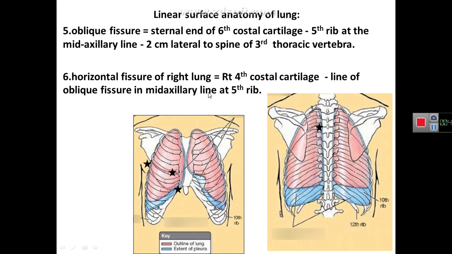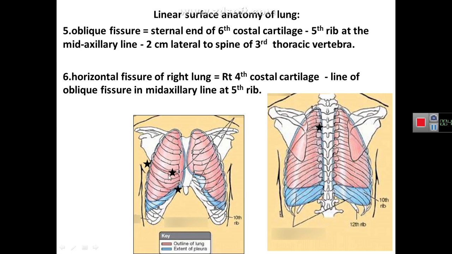Surface anatomy of the oblique fissure will be drawn on the chest wall by the line connecting the following. For the oblique fissure, we have to connect the point at the 6th costal cartilage near the border of the sternum, with the 5th rib in the mid-axillary line, and finally with a point 2 centimeters lateral to the spine of T3.